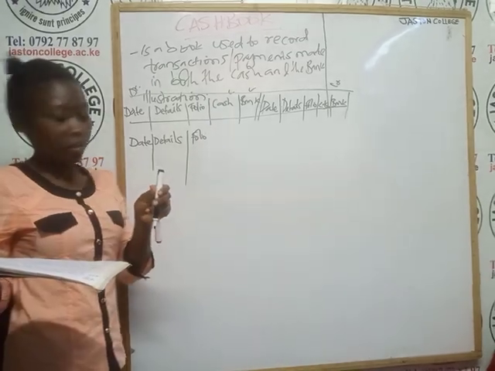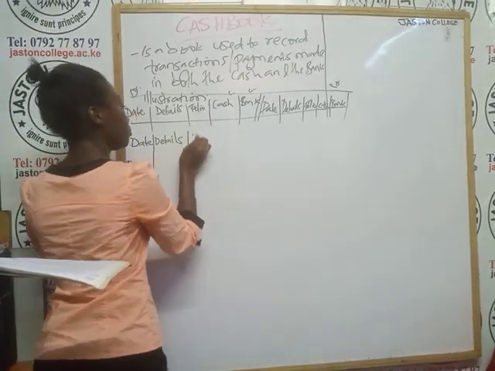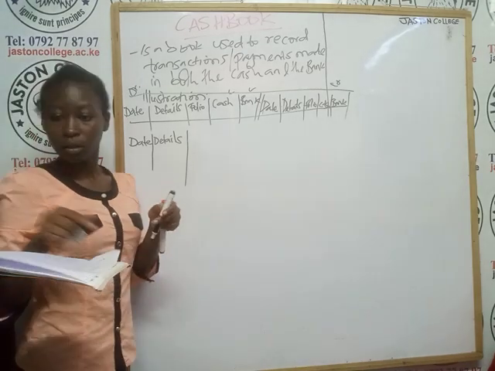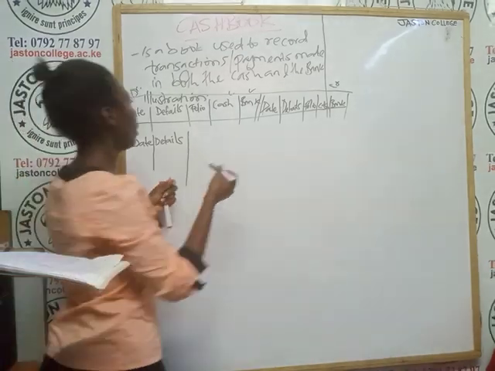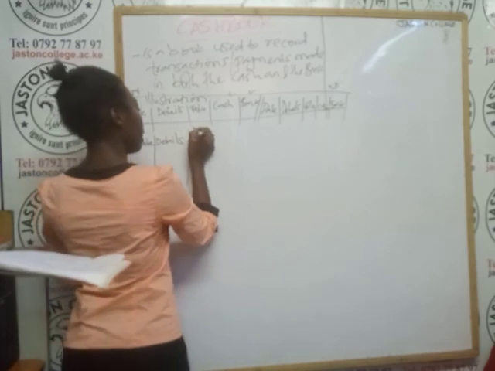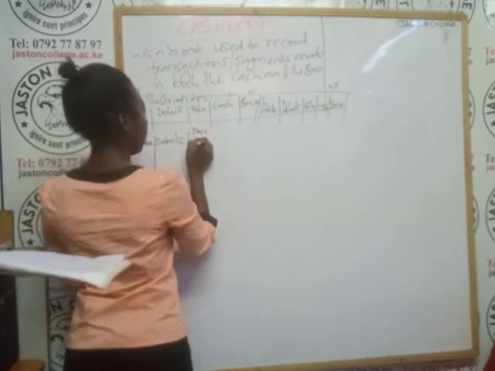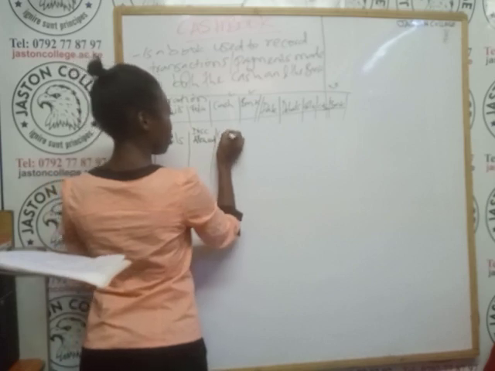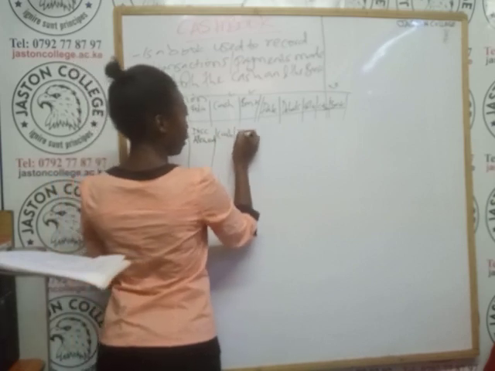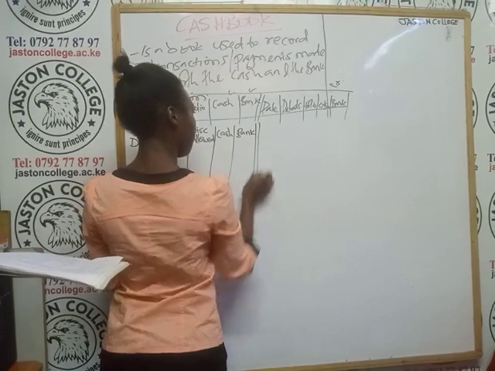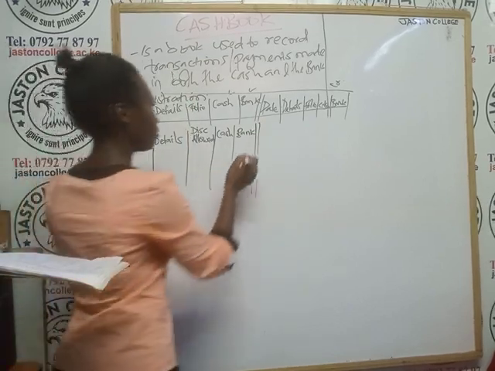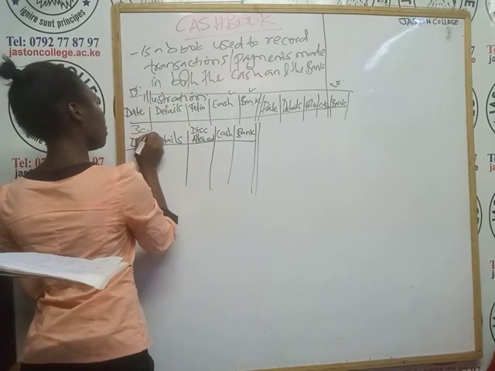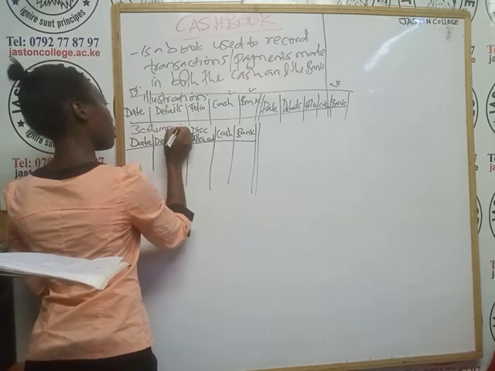We can also remove the folios since our question doesn't have any. We have the discount allowed, the cash, and the bank. This is our 3-column cash book.